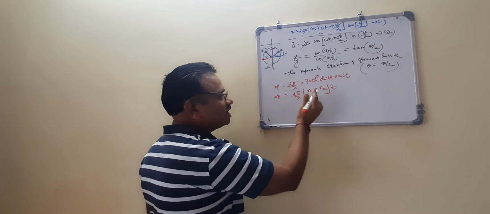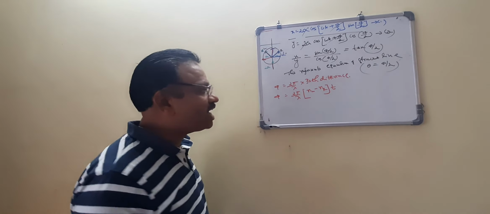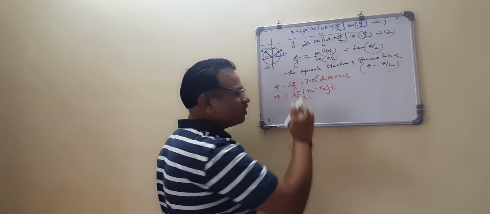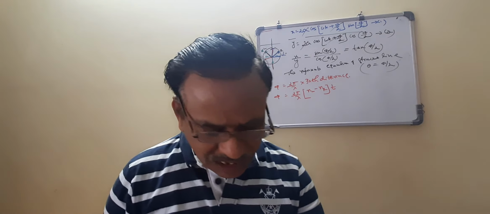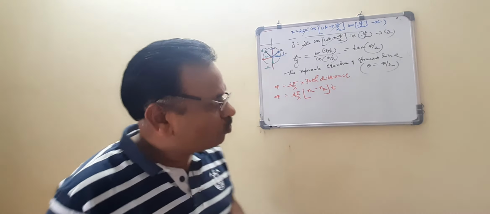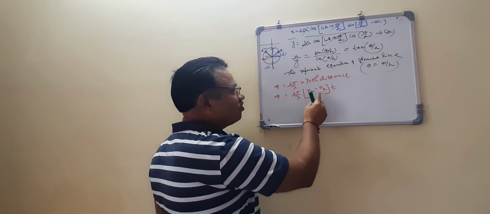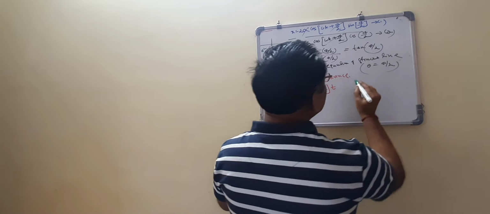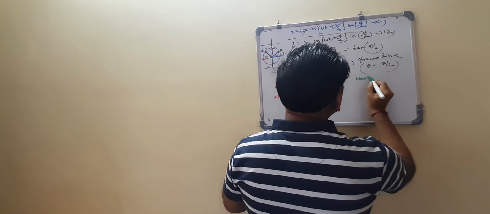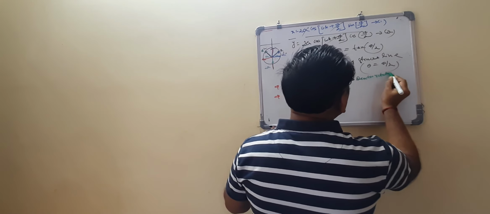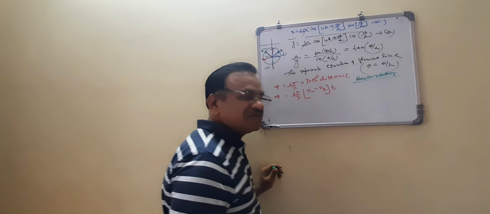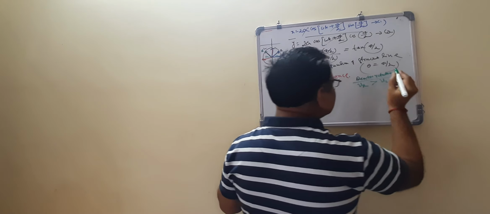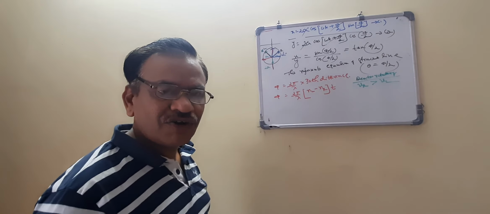NL is the refractive index of left-handed rotation, and NR is the refractive index of right-handed rotation. Here some confusion or doubt may occur: why are you writing NL minus NR, why not NR minus NL? Since I am taking a dextrorotatory substance, in dextrorotatory the velocity of right-hand rotation is greater than the velocity of left-hand rotation.